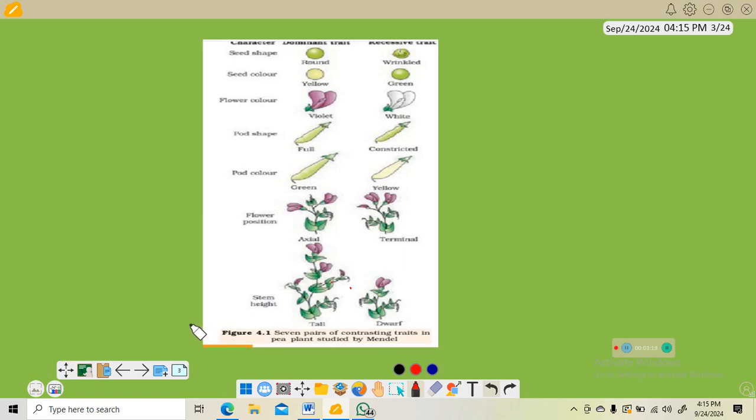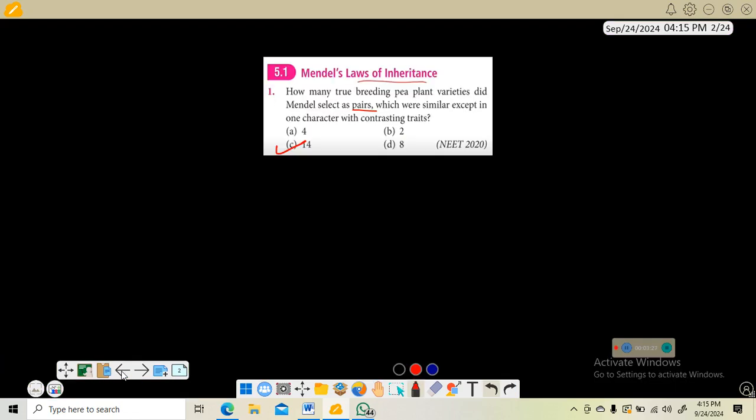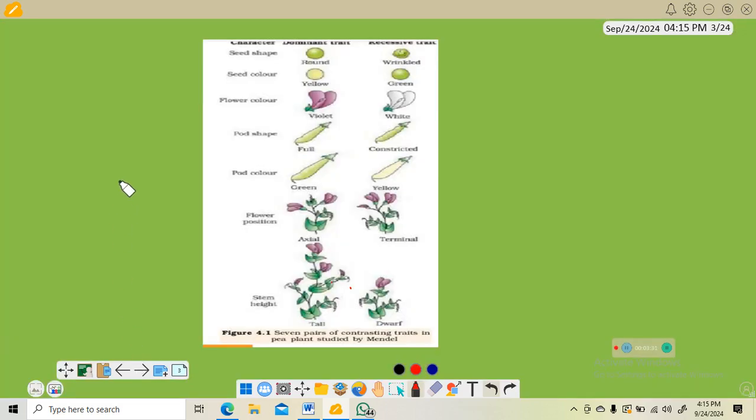So here they have shown 7 pairs of contrasting traits in pea plants. If I see here, 7 is not in the option. So what they have done is one dominant, one recessive. So 7 this and 7 this, total 14. So the answer is 14.